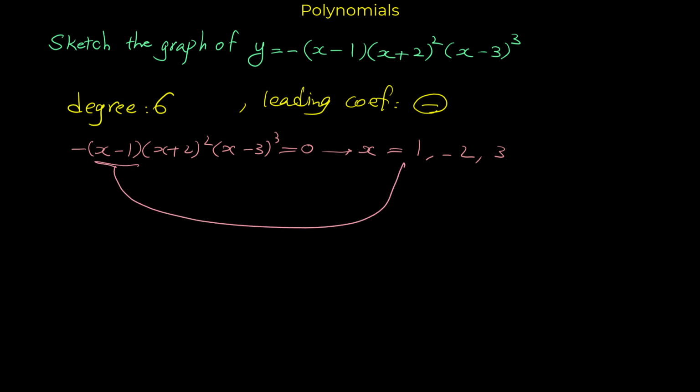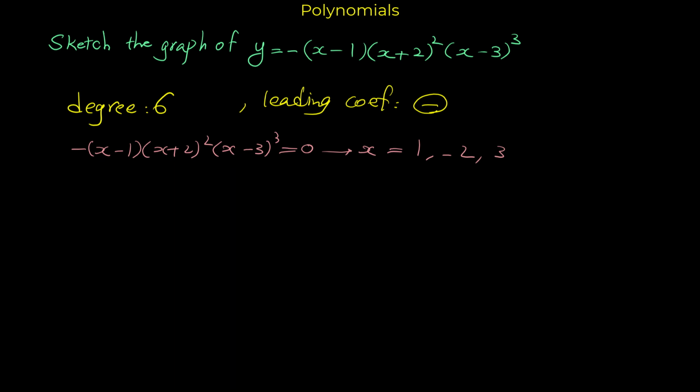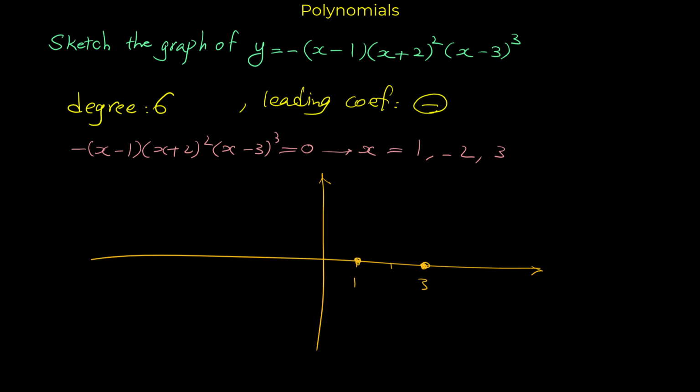From this we get 1, from the other one we get -2, and from the last one we are going to get 3. Now that we have the roots, we are ready to graph the given function. 1 is here, 2, 3. So one root is here, one root is here. Negative 1, negative 2, one root is here at negative 2.